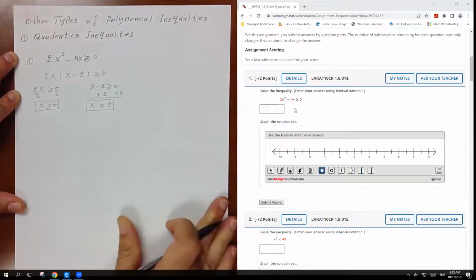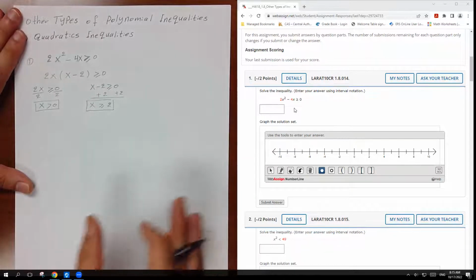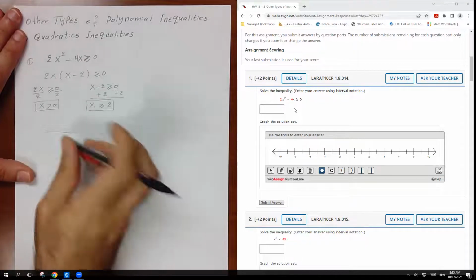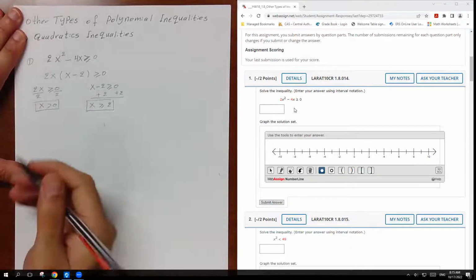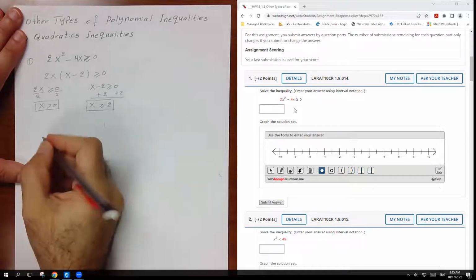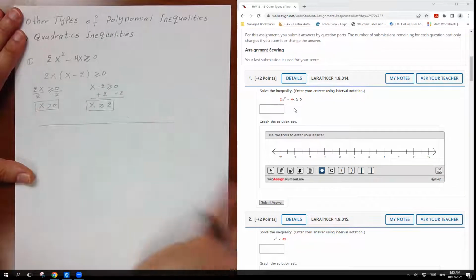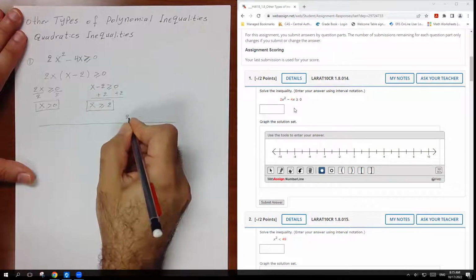Now, next step, I need to find the interval notation. I'm going to graph a number line and put all these key numbers, which is 2 key numbers. We have 0 and 2. So I'm going to put the 2 here, and here is the 0.